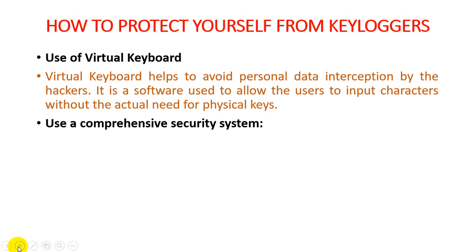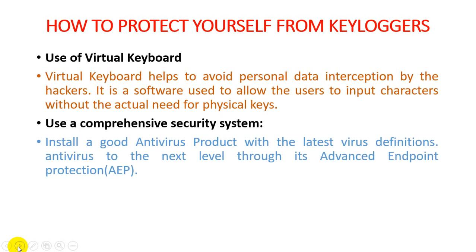Use a comprehensive security system. It is one of the ways through which you can protect yourself against a keylogger. Install a good antivirus product with the latest virus definitions, meaning updated definitions or the latest version. Antivirus goes to the next level through its advanced endpoint protection, or AEP.